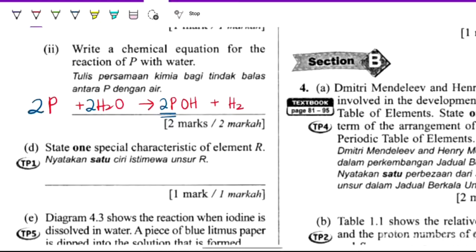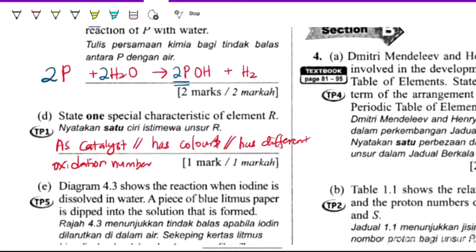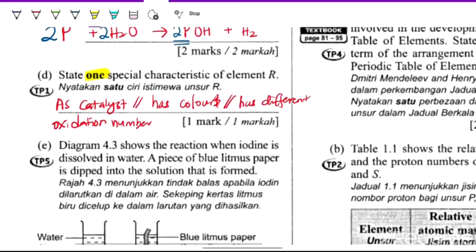So you can mention it can be a catalyst. Then it has colors, and besides that it has different oxidation numbers. Another one is it will form complex ions. You can mention any one of the special characteristics.